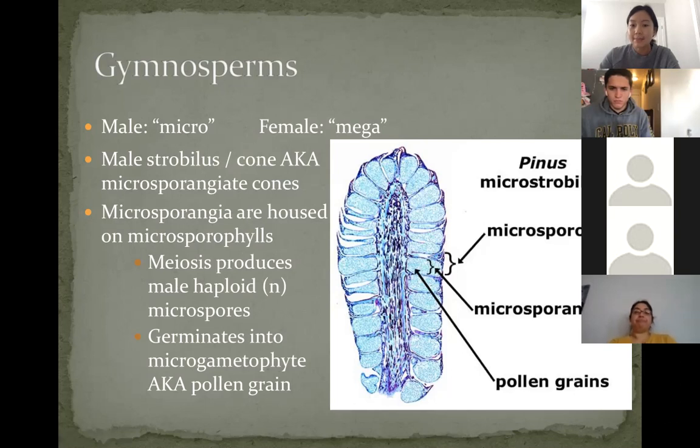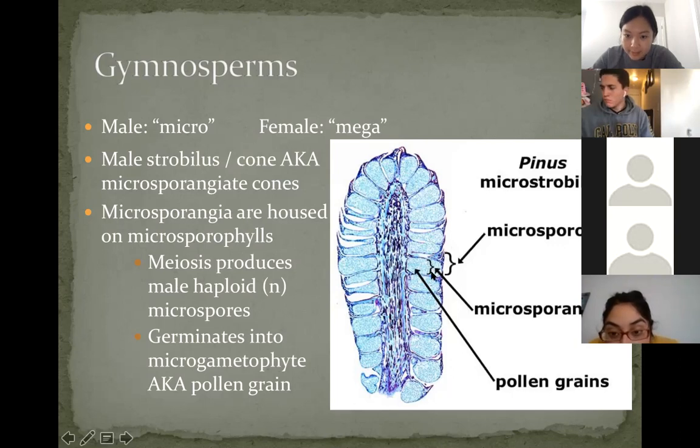Eventually, those male haploid microspores are going to germinate into your microgametophyte, also known as your pollen grain or your male gametophyte. If you look at this axis right here coming off, the actual scales are the microsporophyll.